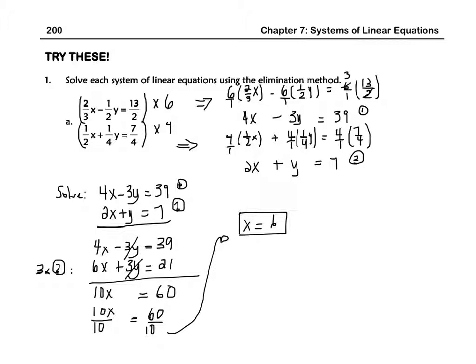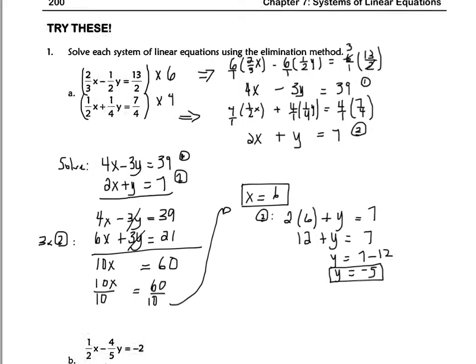And I'm going to plug it into the second equation because that has nothing in front of y. So 2 times, this is equation 2, 2 times x was 6 plus the y equals 7. So 12 plus y is 7. So y would equal 7 take away 12, or -5.